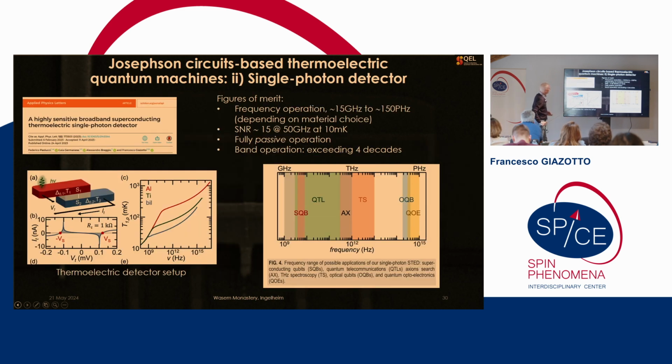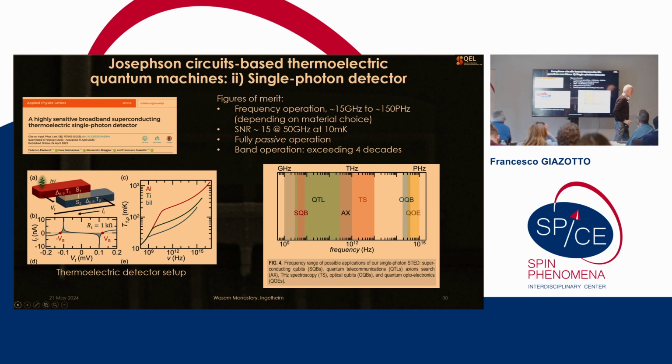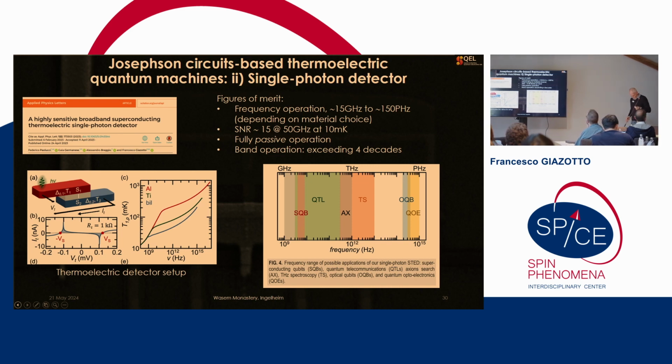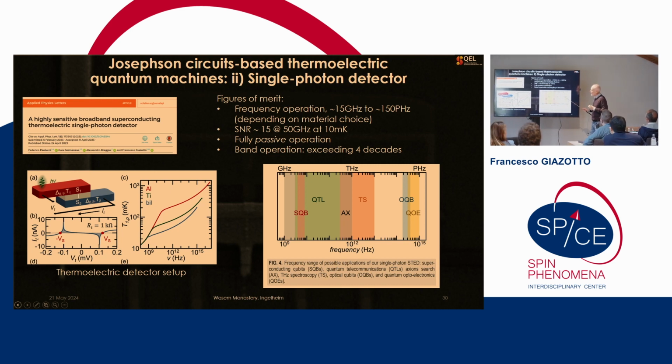Another interesting system is the possibility to realize a single photon detector with this. Why? Everybody knows that there are several fields in physics where single photon sensing is very important, and typically most photon sensors are active. So the advantage of a thermoelectric detector, a TED, is that it's completely passive.